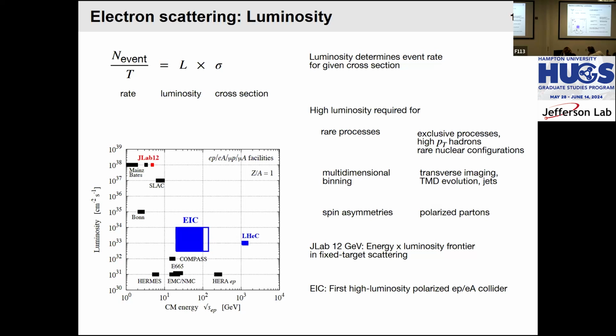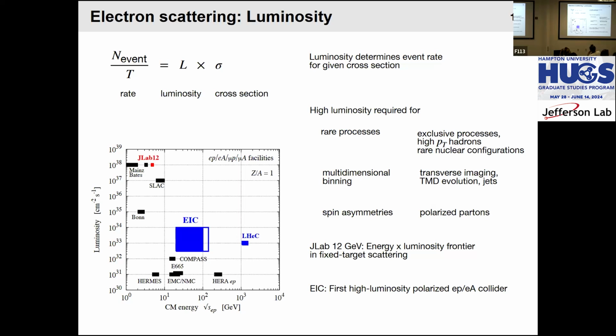And you see that at a center of mass energy of around 5-6 GeV, you see up here the fixed target facilities that realize the absolute luminosity frontier, which is the Mainz microtron, the Bates Linear Accelerator at MIT and Jefferson Lab.